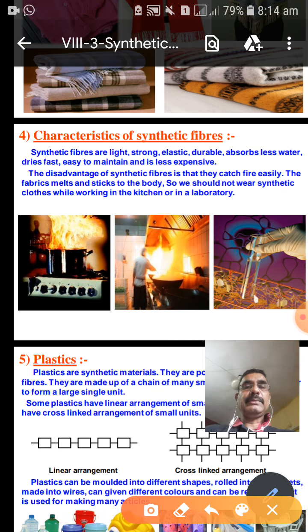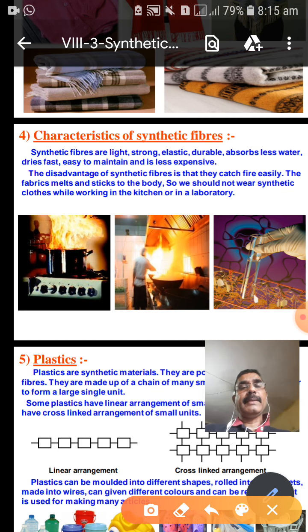Now coming to the disadvantage of synthetic fiber, which is that they catch fire easily. The fabric melts and sticks to the body, and because of that it causes more harm. So we should not wear synthetic clothes while working in the kitchen or in a laboratory.